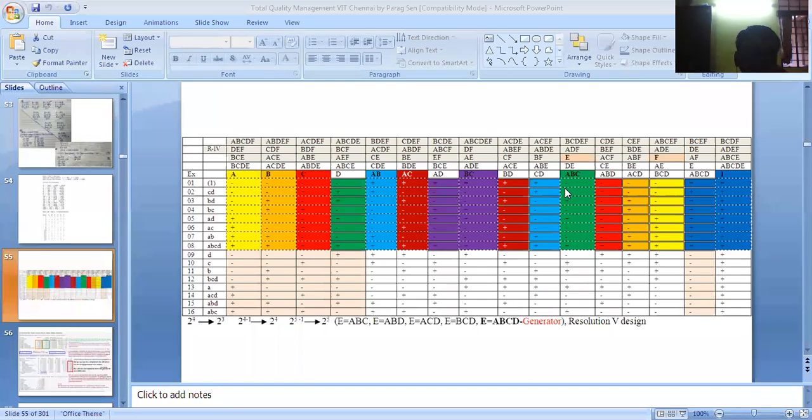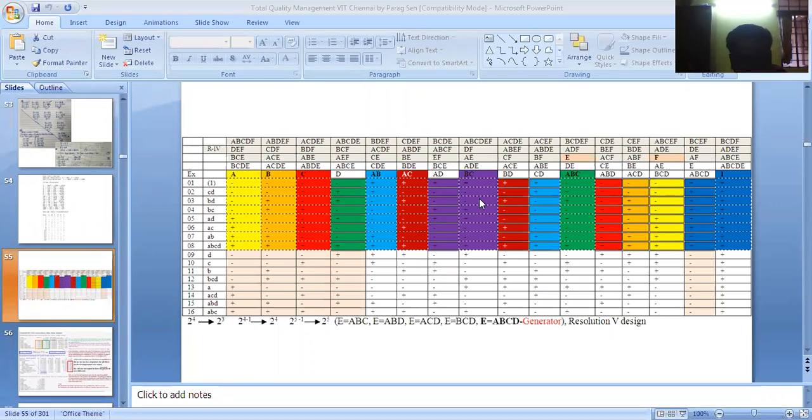Now you need to understand from which particular interaction you can assign it. Suppose you are introducing D here. Can I put D over AB or AC or BC? The answer is no, you cannot. There are some rules.